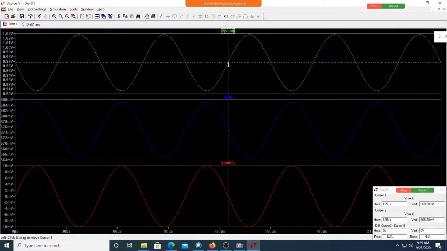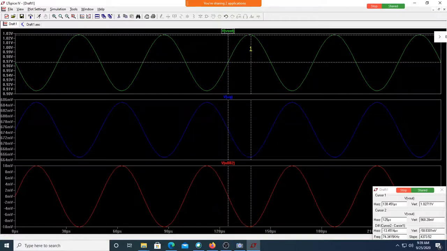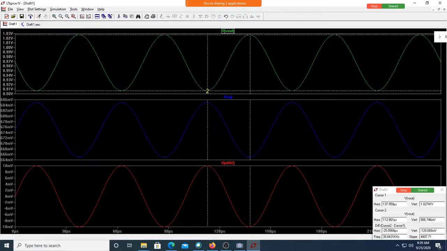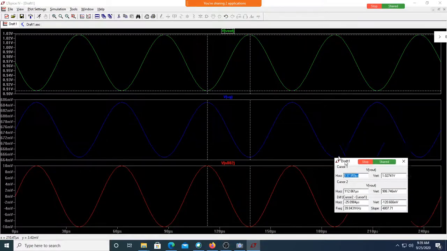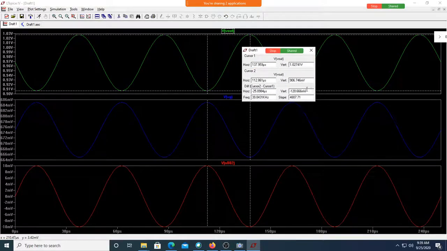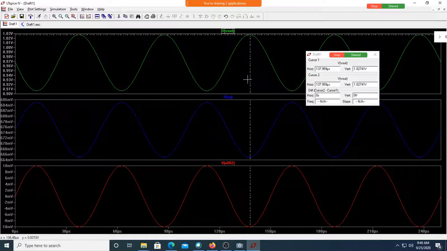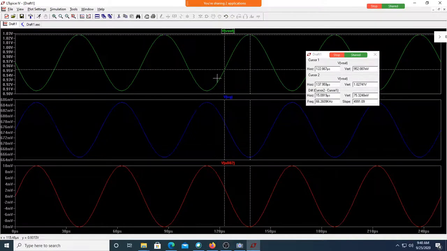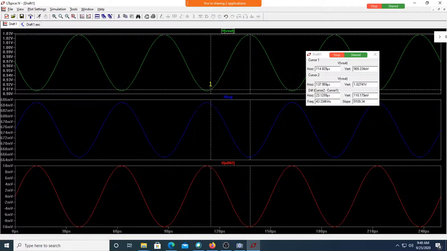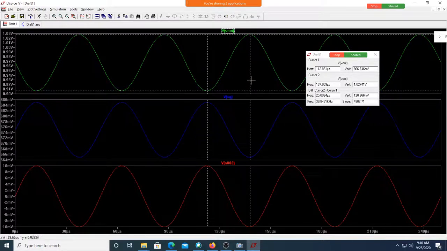Shall we see what is the amplitude of your output? What I'll do is I'll take two cursors, one at the top of it, the other one at the bottommost point of it. See here, how much is the vertical difference? Minus 120.66. Let me just do this way. I will put this above and I'll put this below. So don't think that it is minus because your gain is minus 6.